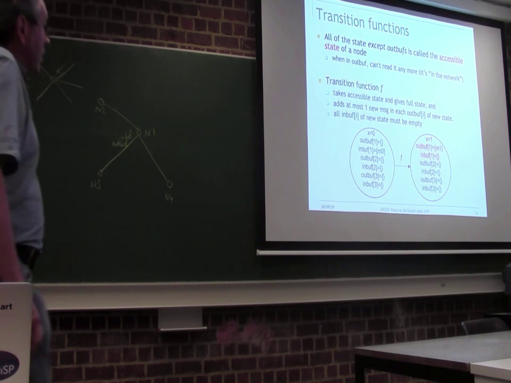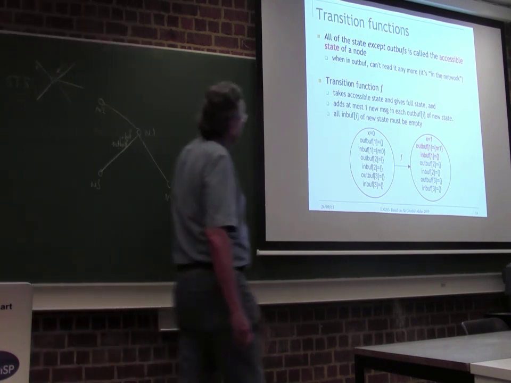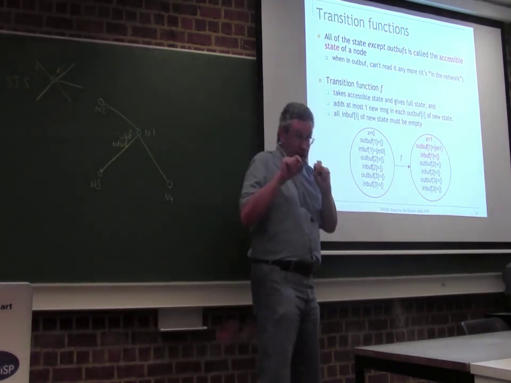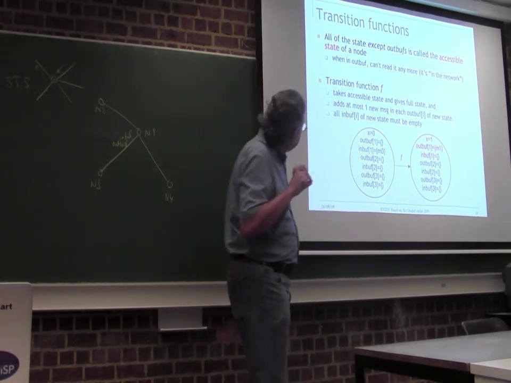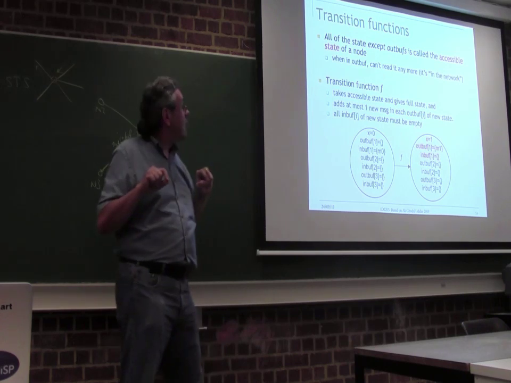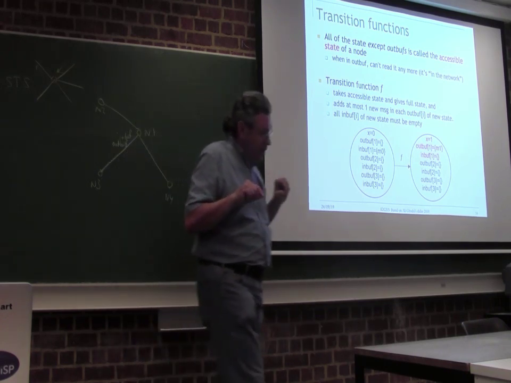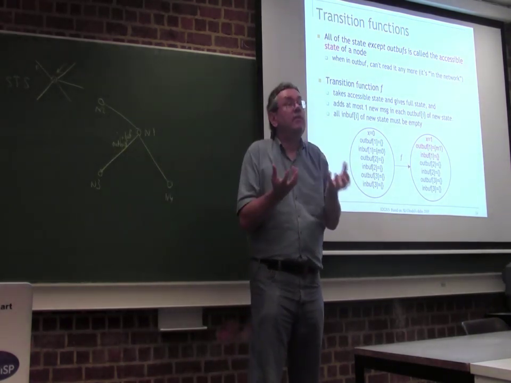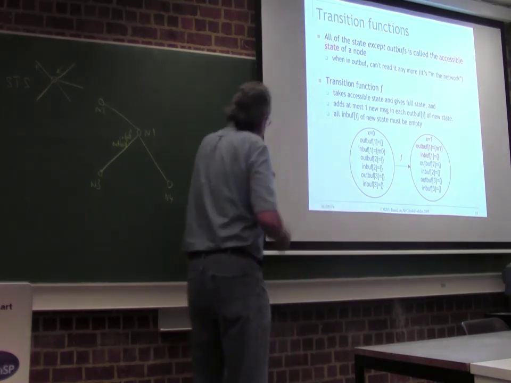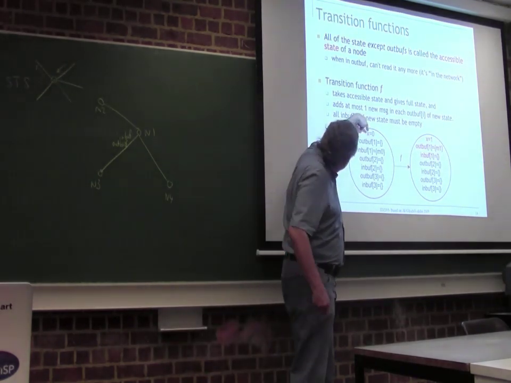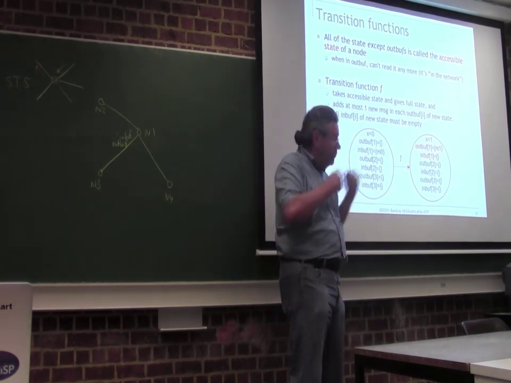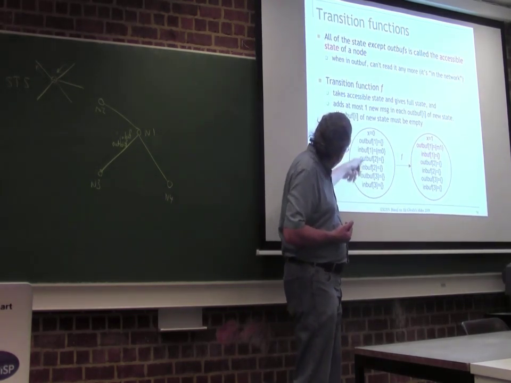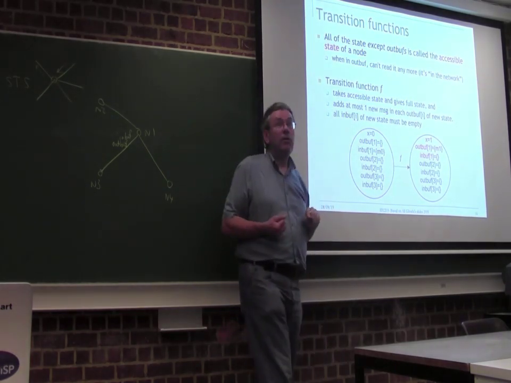Okay? So for example, the out buffs are kind of special. So all of the states except the out buffs is called accessible state. That means the node can read it, the node sees it. So the node here will see the state and the messages that have arrived. But the out buff is not readable.